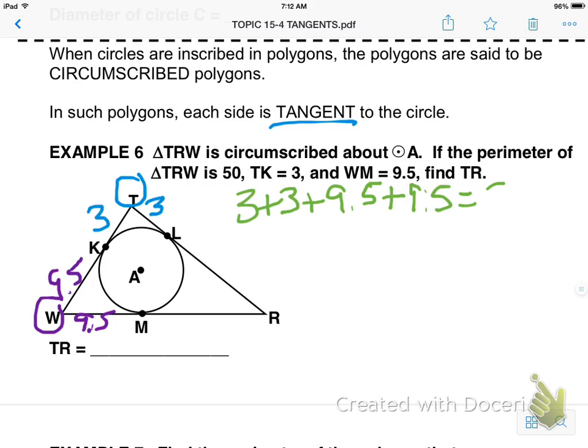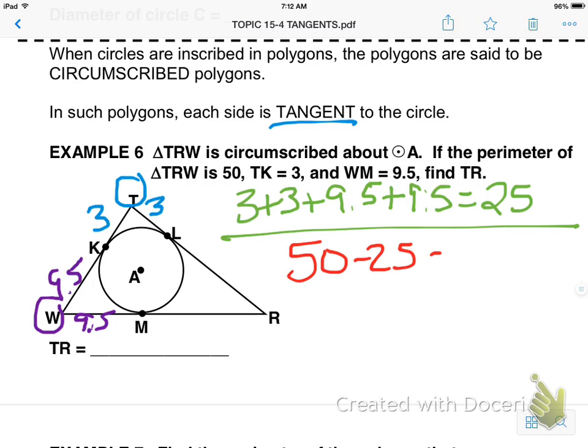That gives me 25. Now that's for the 4 that we see. We have a total perimeter of 50. So what I'm going to do is take all of the perimeter and then take out what we have. That leaves us with 25. That means that LR and MR, they are not radii. I know I'm using red, but I changed colors. They are equal to 25.